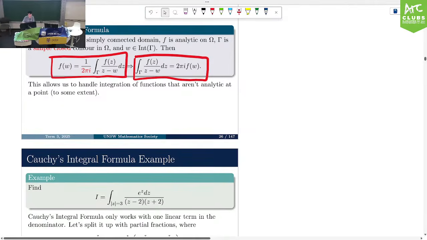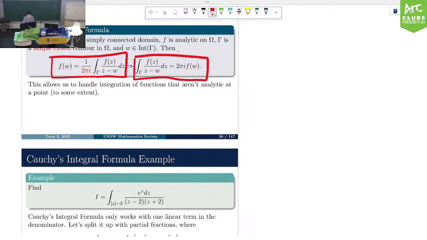Let's look at this example over here. We want to integrate e to the power of z on z minus 2 on z plus 2. Observing that they're unfortunately not the same form, because we can only have z minus some number at the denominator, but in this case we have two factors of z minus something.